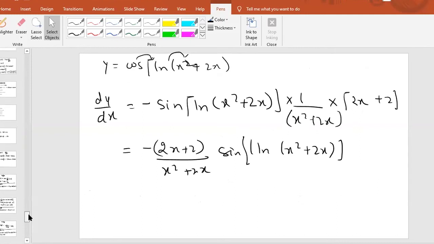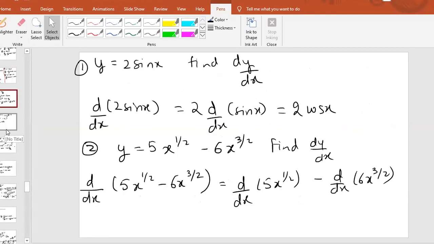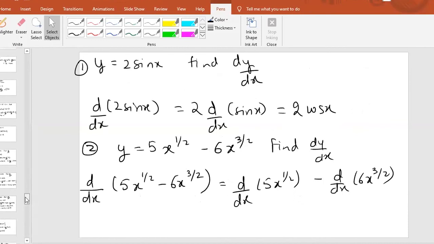Any other slide you want me to show? I think somebody was telling 102. This one. That is 102. Okay. Any other slides? Any other doubt you have? You can ask me. In the next class I will discuss maxima and minima, then I'll go for integration.